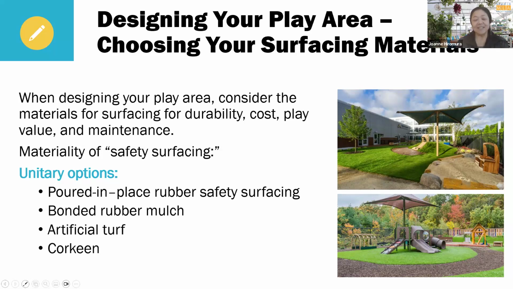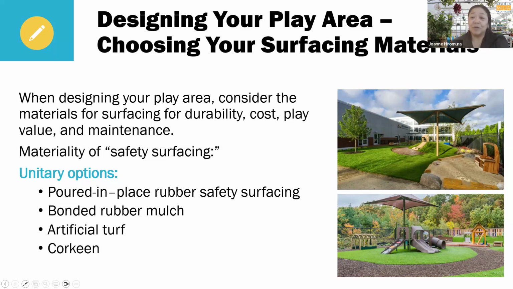And so there are different types of safety surfacing. One option is called unitary playground safety surfacing. Unitary meaning that it's bound together, it's not loose. Some types of this unitary safety surfacing are the poured-in-place rubber safety surfacing, which comes in many colors.